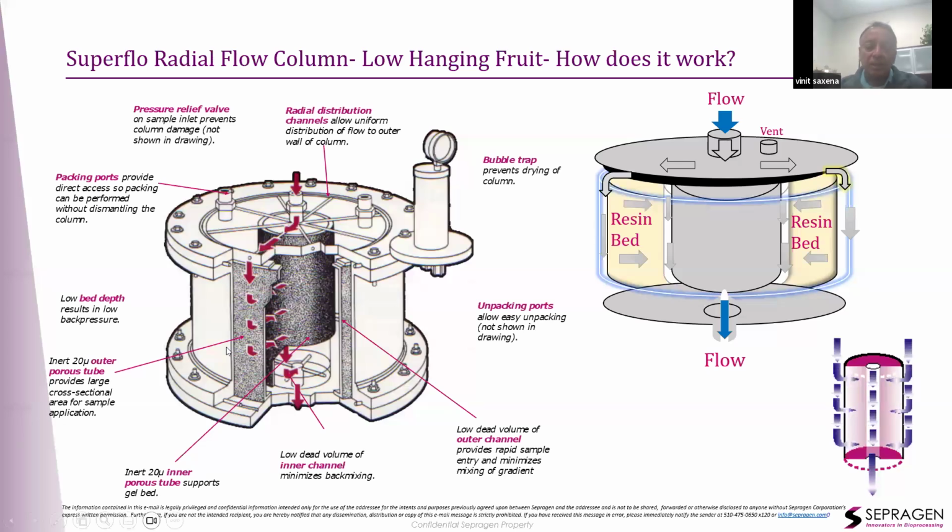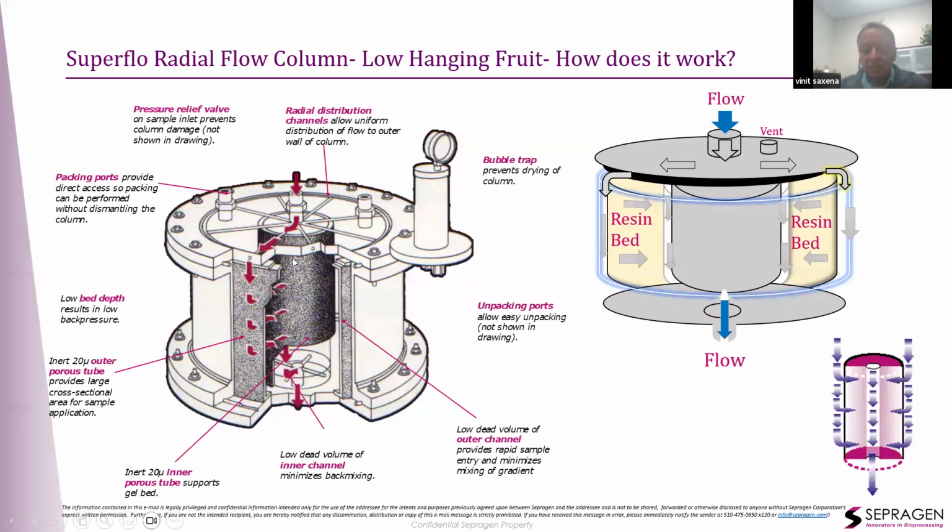In radial flow columns, in this design, you'll see that there is a concentric frit on the outside of the column. So just inside the outer wall of the tube, there is an outer frit and there's a cylindrical inner frit. So concentric cylindrical frits.